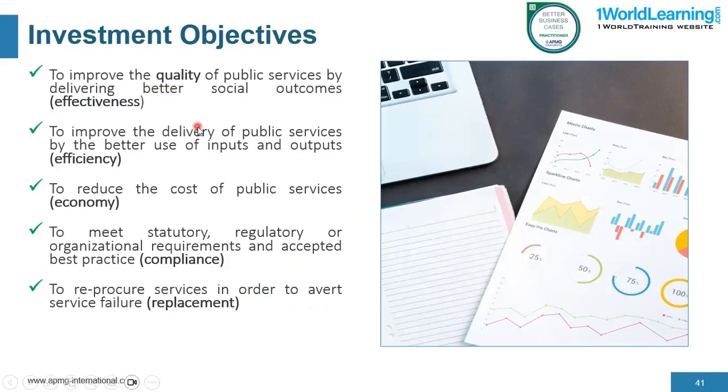We could invest to drive efficiency, in other words, to improve the delivery of public services by the better use of inputs and outputs. We could invest to reduce the cost of public service. That would be an economic driver. We could invest to meet regulatory, statutory, or organizational requirements and accepted best practice. That would be a compliance driver.